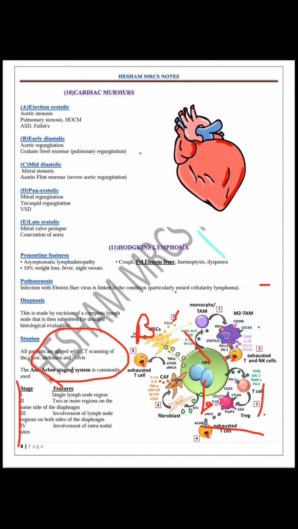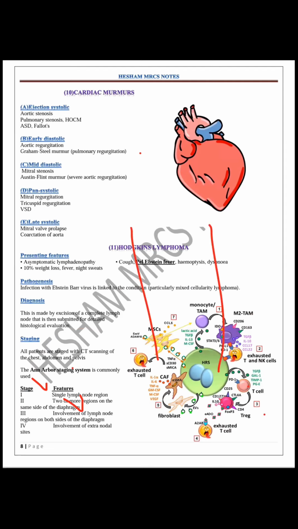Regarding the Ann Arbor staging: stage 1, you have a single lymph node. Stage 2, you have 2 or more, but on one side of the diaphragm, either below or above. But what about stage 3? I will have nodes above and below the diaphragm, on both sides. Here I have a subtype of stage 3, called 3S.